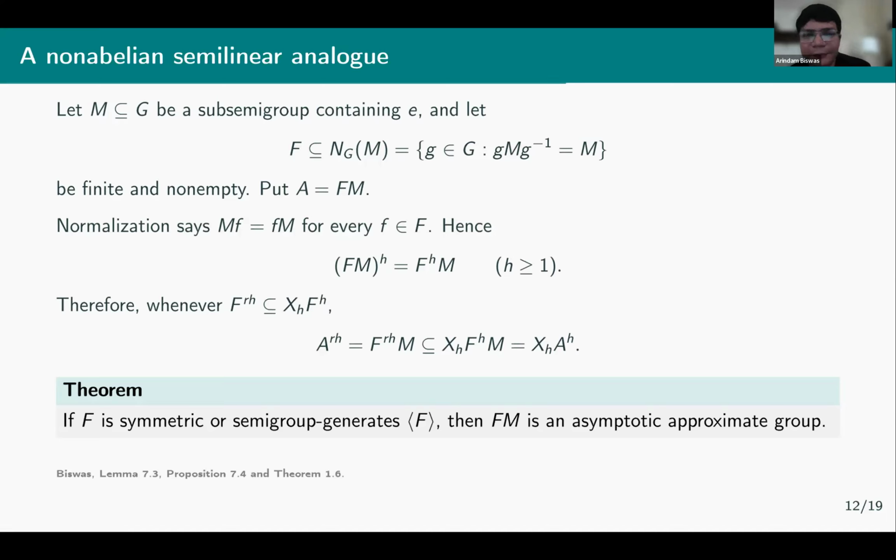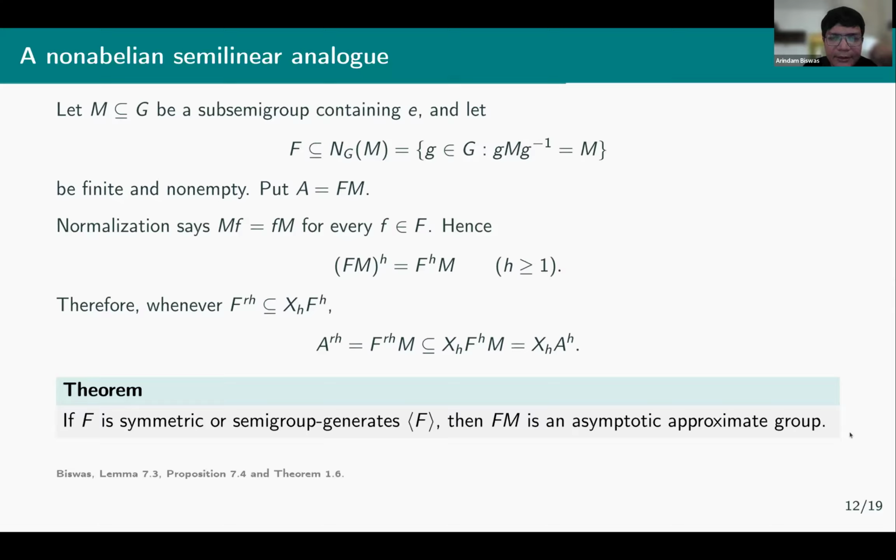The important thing is that F should itself be an asymptotic approximate group, and then one can obtain that if I take F times M, this will also be an asymptotic approximate group. You don't need F to be finite and non-empty. What you essentially need is that F itself should be an asymptotic approximate group. So if F is symmetric and semigroup generates F, this implies it is an asymptotic approximate group, then FM is an asymptotic approximate group.